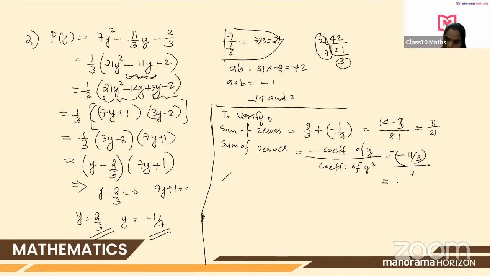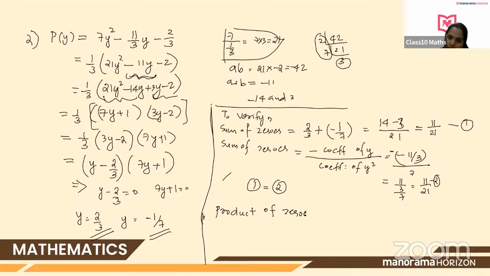So which is equal to 11 by 3 by 7, which is equal to 11 by 21. So equation 1 is equal to equation 2. Verified.